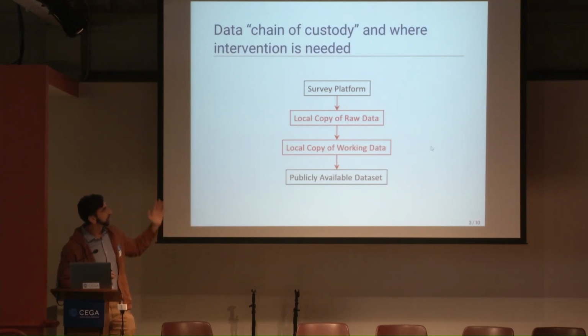If you think about the sequence that a typical research workflow involves, you have data collection on a platform like Qualtrics or Survey CTO, and then the researcher downloads the data locally, does whatever manipulations to the data they need on their local copy, runs their analysis, and then ultimately posts something to a publicly available data set. And it's all this action that happens locally where fraud can potentially take place.